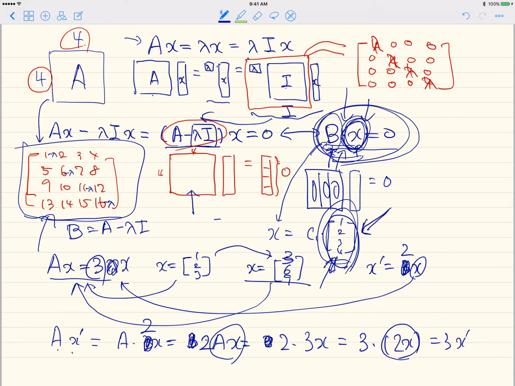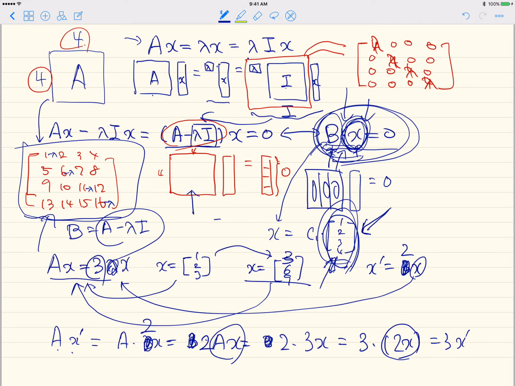We can choose whatever value for this lambda, or this eigenvalue, so that this matrix A minus lambda I becomes non-invertible, right? So this one has to have linearly dependent columns, and thus it should be non-invertible.